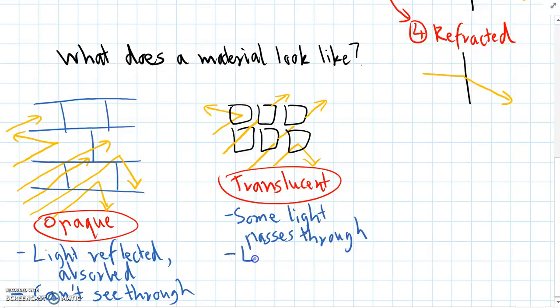And the result is that the object looks foggy or frosty. And in particular, some of the light waves are scattered.